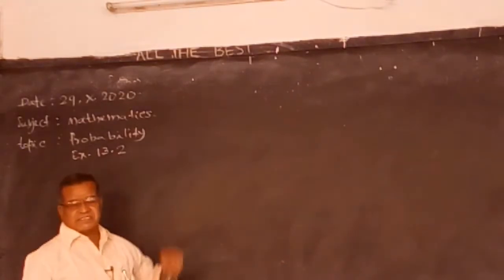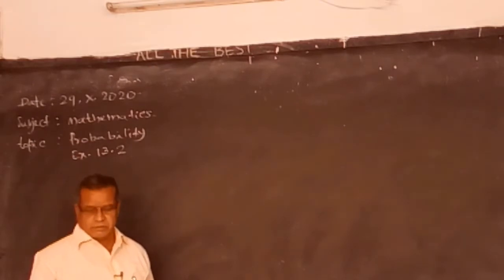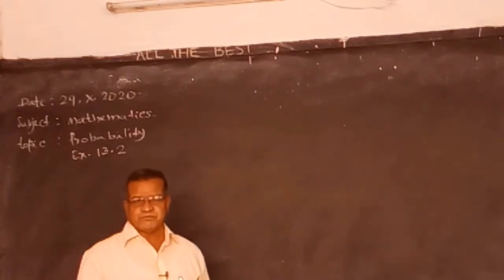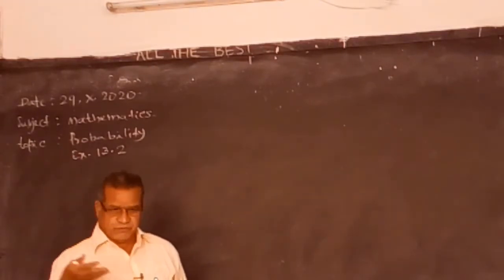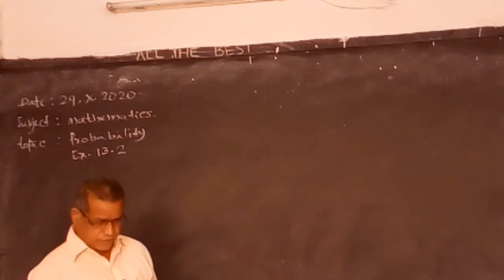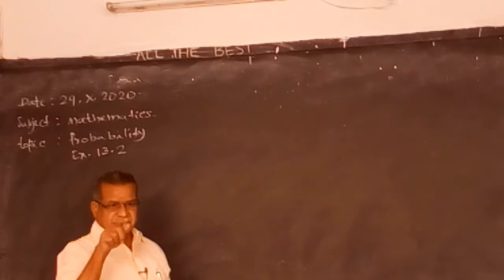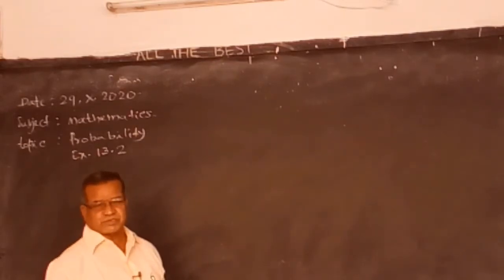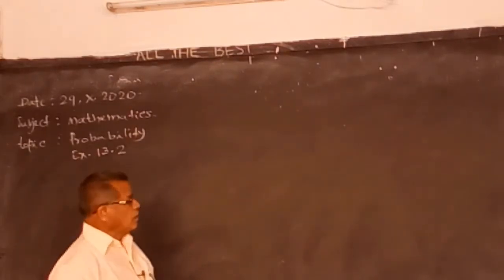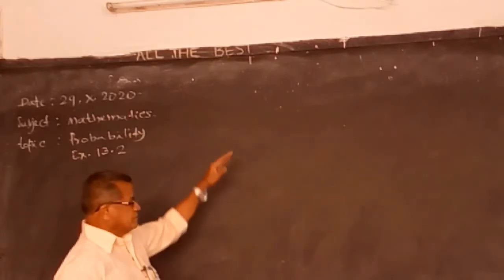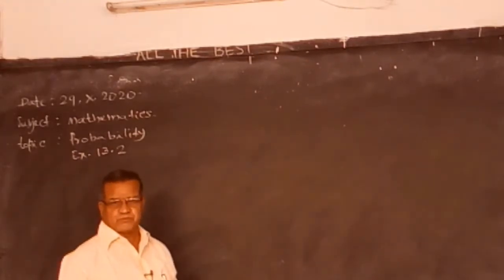So it has six total outcomes. If we throw the dice two times, 6 squared, 36 outcomes. How the 36 will come, I will show next.